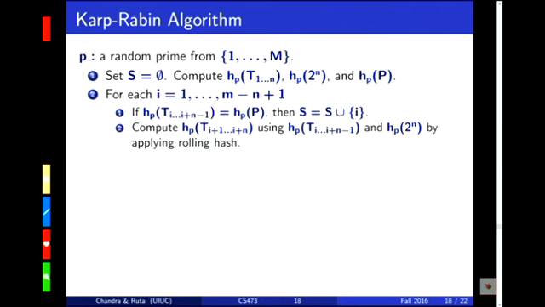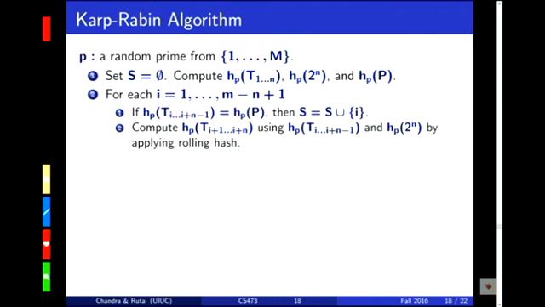We can do that because we have both numbers computed. And then just put it inside S if they are equal, otherwise not. Then we compute hp of t 2 to the 1 plus n. And I can do that.